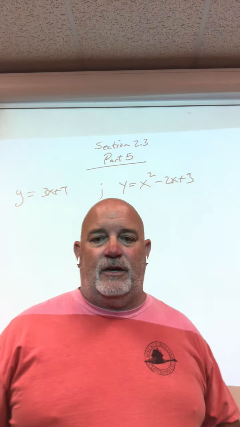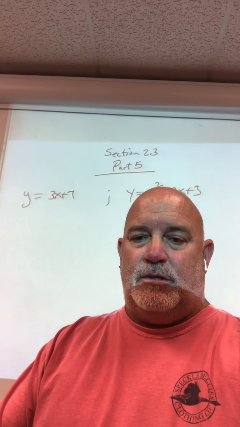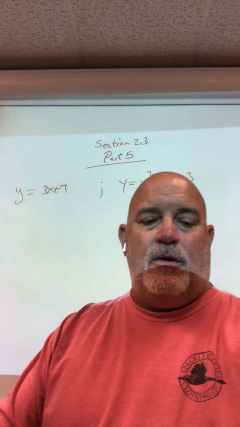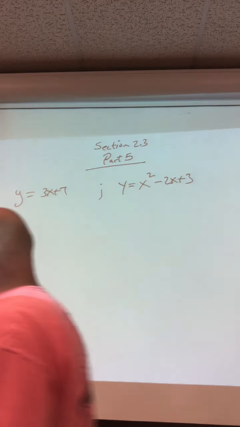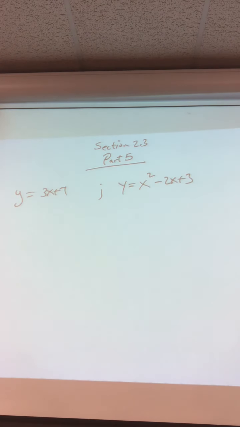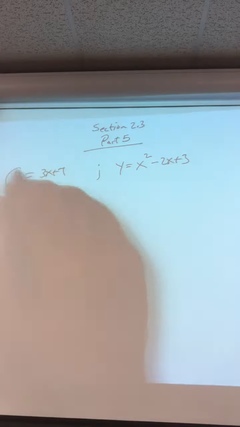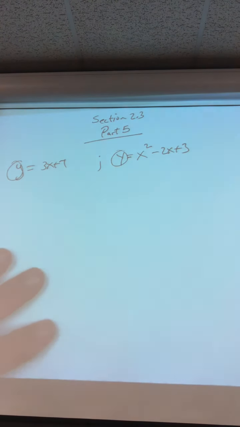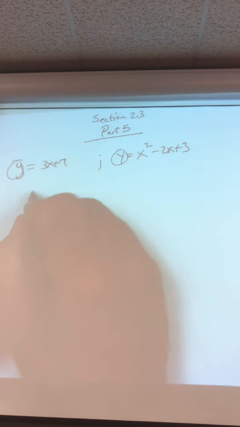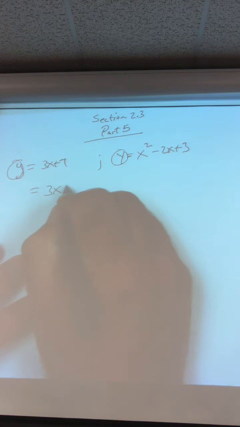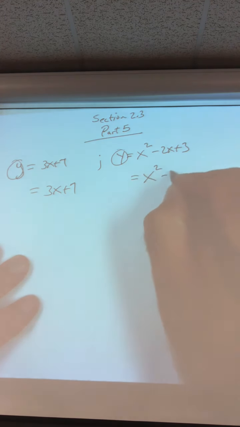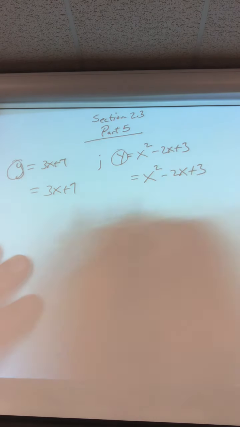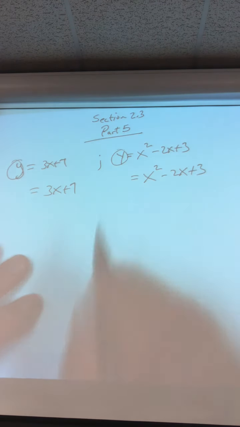Whenever we give a function a name, we always put the name in this y spot right here. So I'll put the name of the function in place of the y. So we'll put the name here.